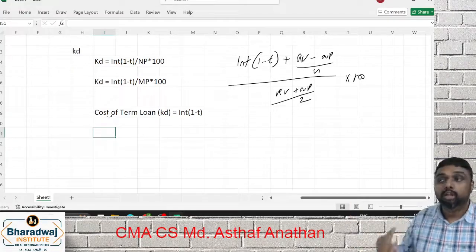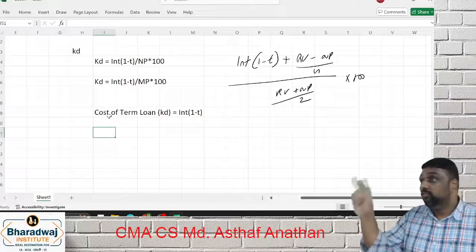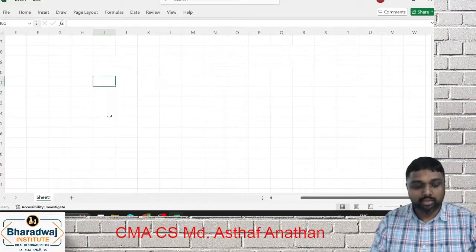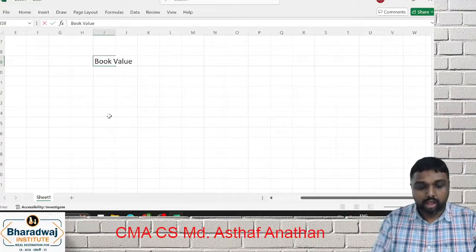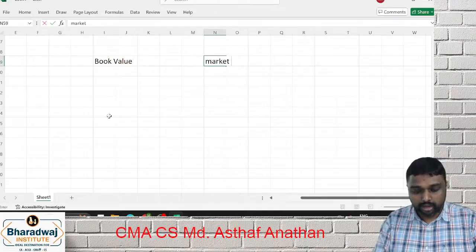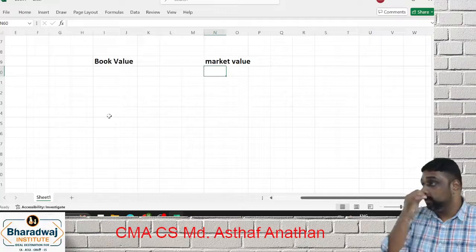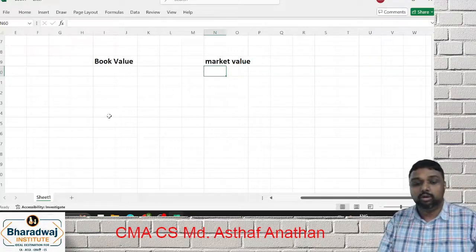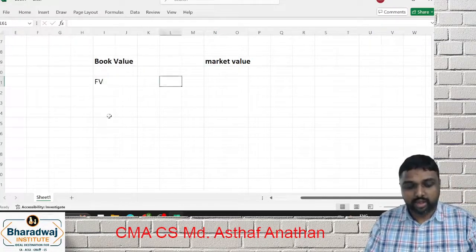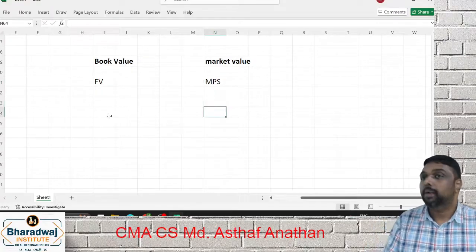Once you compute, you have to find out the weighted average cost. We can do two methods. One is what? Book value. Another one is what? Market value. What is the difference between book value and market value? In book value, you will consider only what? Face value. Here you will consider what? Market price.